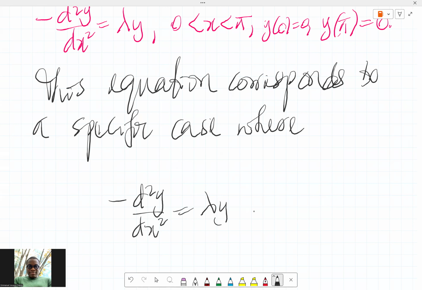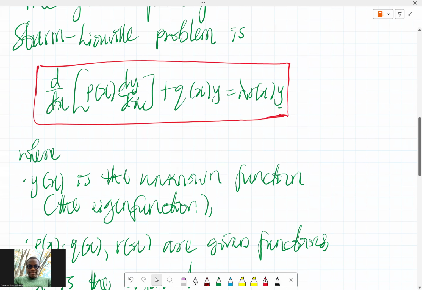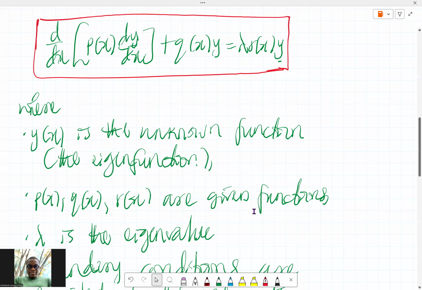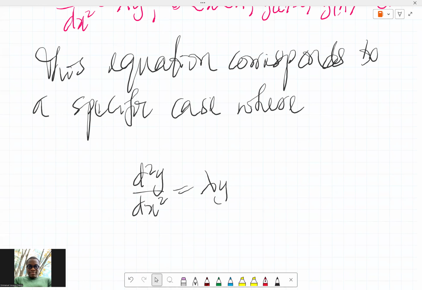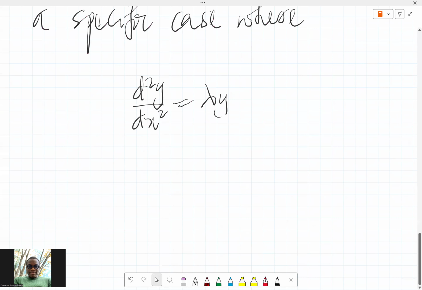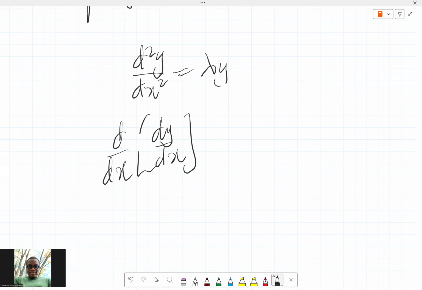If you're following the Sturm-Liouville pattern, it means that we have d dx of p of x dy dx. Okay, this is not minus, I think. From the look of things, this is basically the same thing as d dx into dy dx, and that is equal to lambda y.